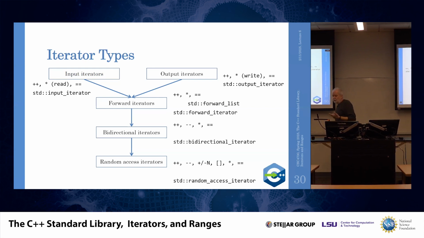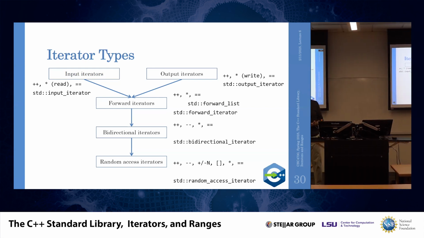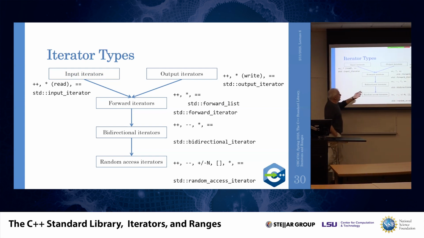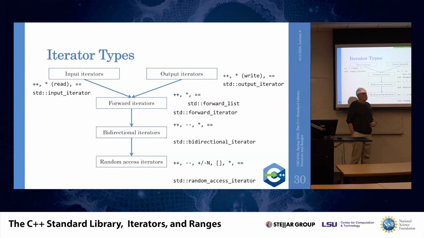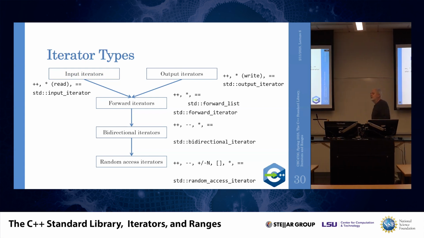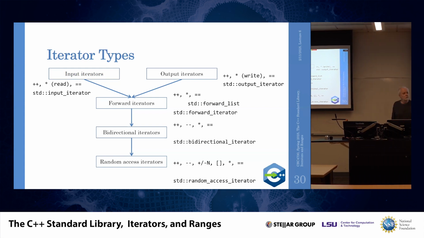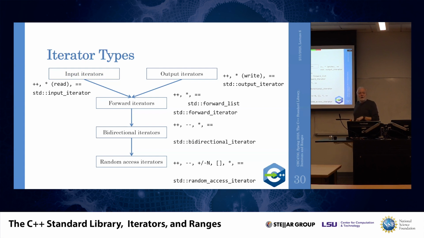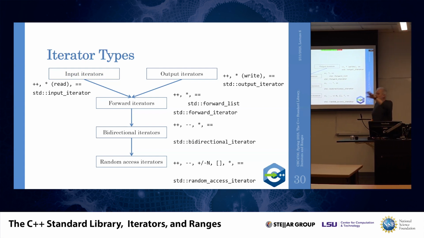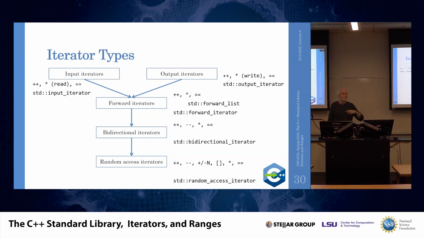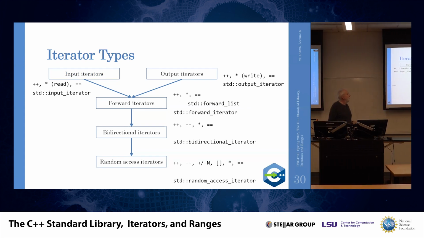If you look at what containers in the standard library support what type of iterators, you will quickly realize that there is a thing that is called forward list, which is nothing else but a single linked list, right? It has only a reference to the next element in it. That means the iterators exposed by that container can't go backwards because there's no way to figure out what is the previous element. The container knows only what its next element is.